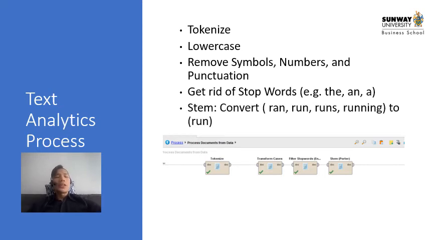Then try to stem the words by converting similar words of the same type to have the same meaning. For example, if you stem the words runs and running all together to say run, they actually say the same thing, but in different formats. The technical video on text analysis will give you more depth on what this means. Please take some time to look at that video.